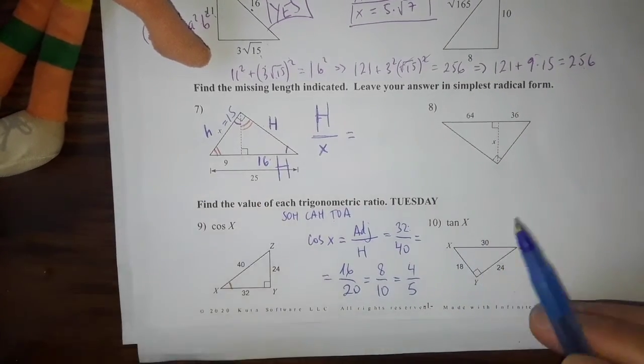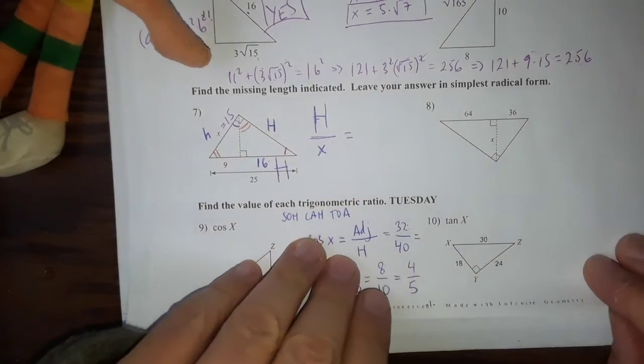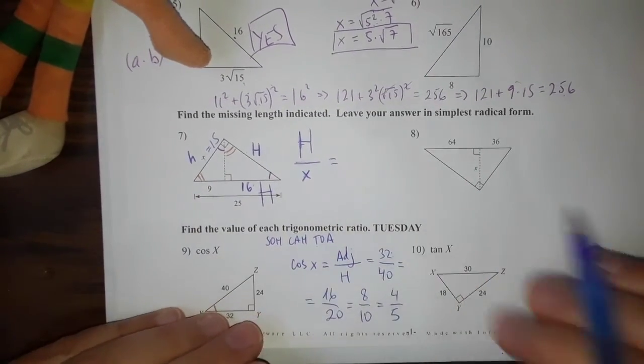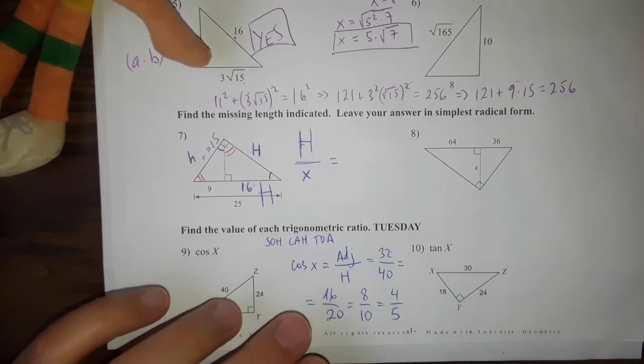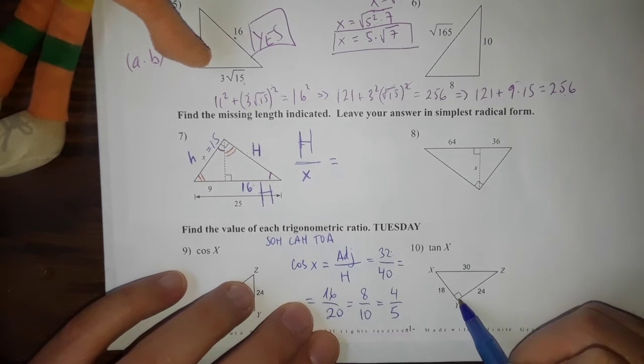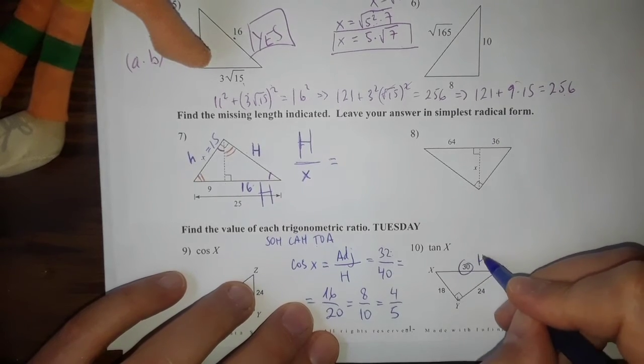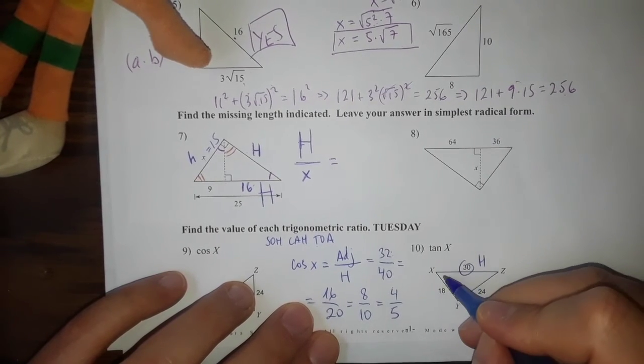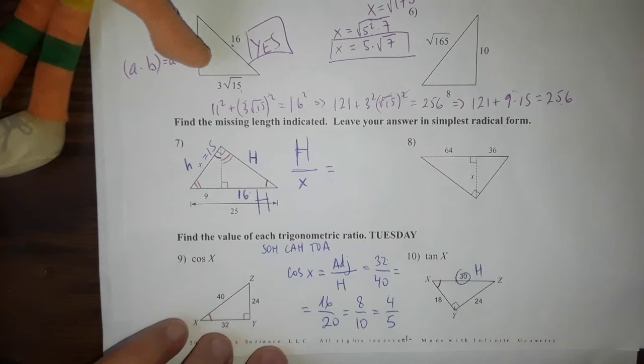Tangent. Now this angle has been switched, right? So remember, where do we have the hypotenuse now? Always in front of the right angle. So the hypotenuse is going to be in front, this one. Tangent of x. We spot the angle x.